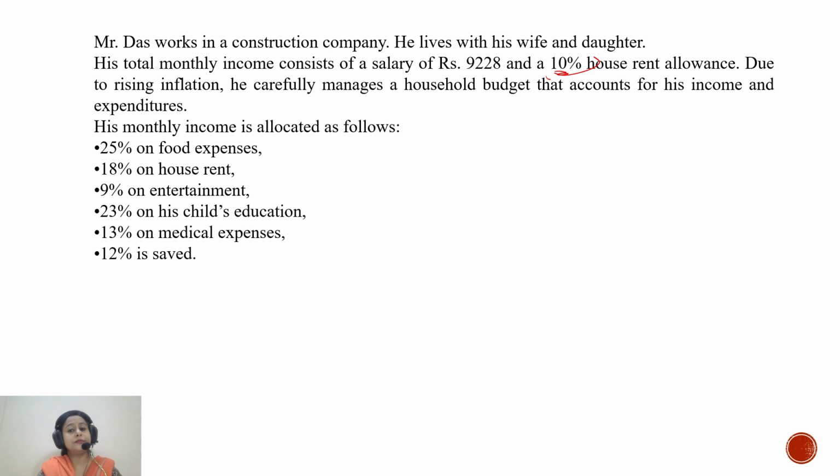So 25% is spent on food, 18% on house rent, 9% on entertainment, 23% on education, 13% on medical, and 12% is saved. Rest 12% is saved. So all these are different heads under which Mr. Das actually spent, right?